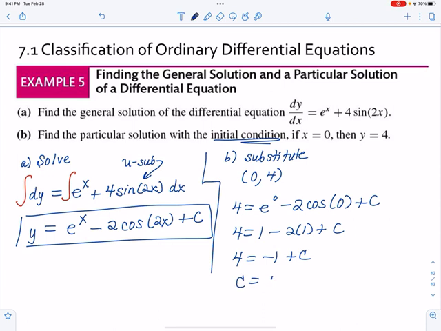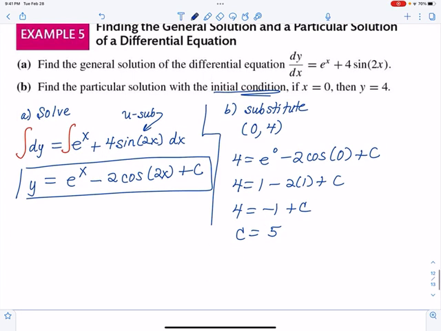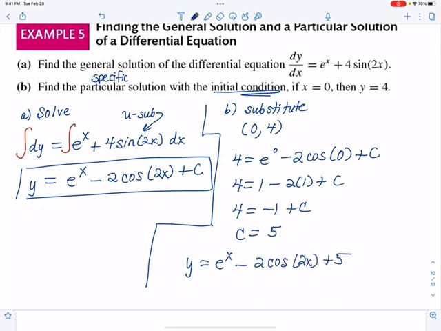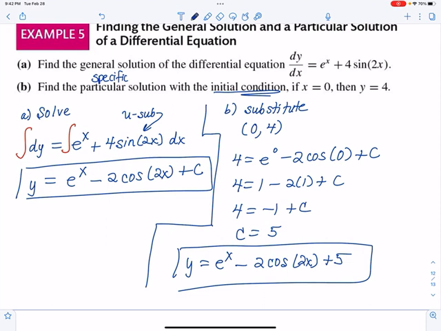C will equal 5. So the particular solution, or specific solution as sometimes you see, will be y equals e to the x minus 2 cosine of 2x plus 5. Like I said, we'll probably do these in class. These are just going to get a little bit more challenging as we progress through Unit 7.